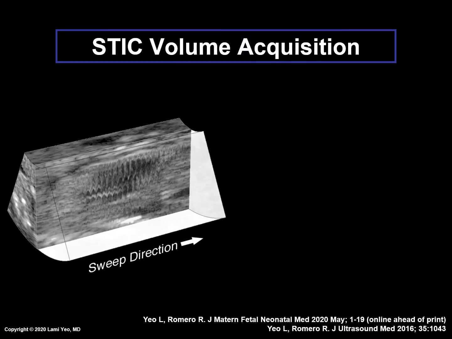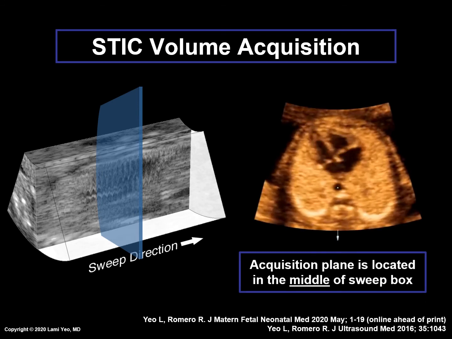First, let's review the process of stick volume acquisition. If one sets an acquisition angle of 30 degrees, then from the acquisition plane, in this case the 4-chamber view, the stick volume dataset is created by a mechanical sweep of the transducer beam 15 degrees from this acquisition plane.